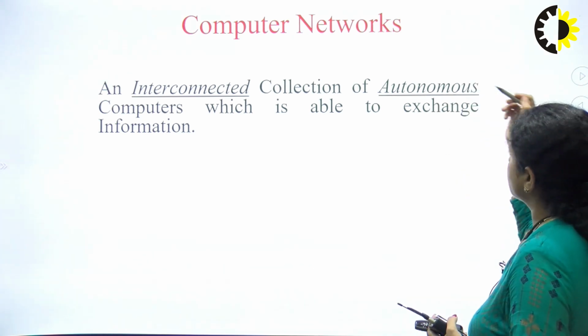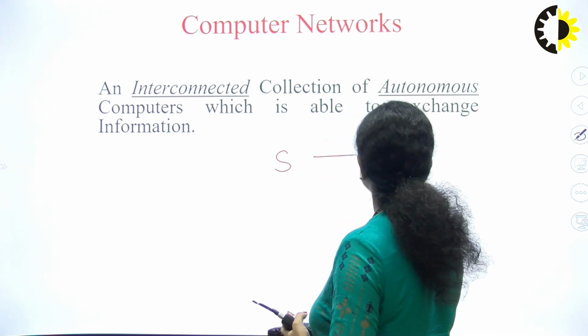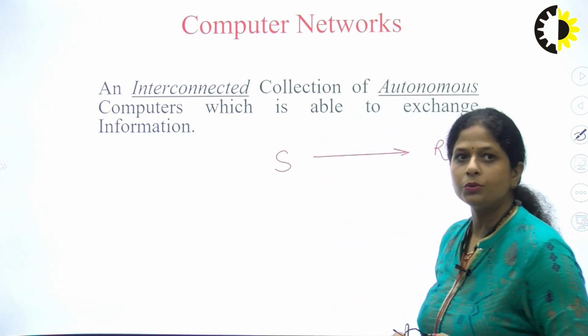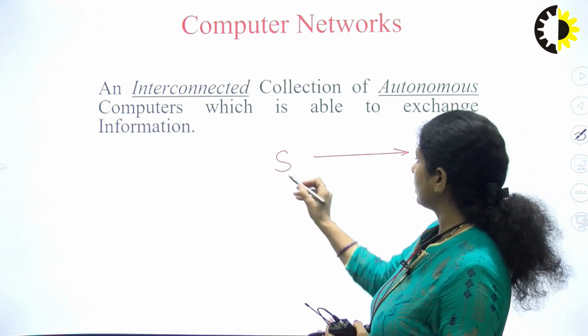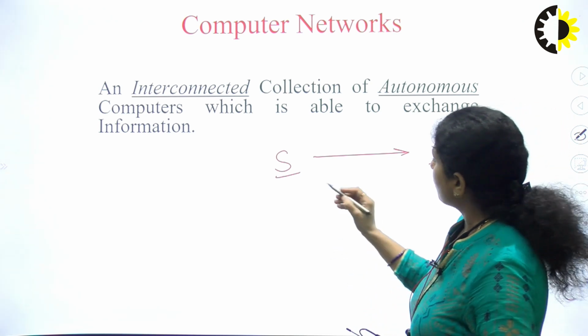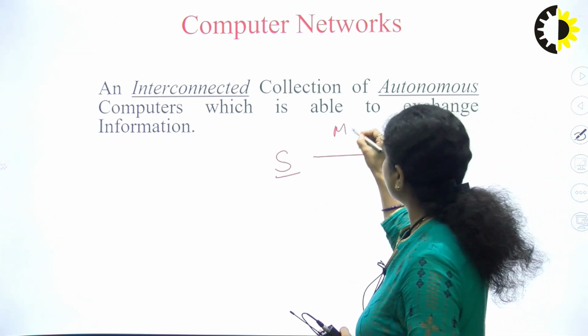Basically, suppose there is a sender S sending some data to the receiver R. One is sender, another one is receiver. Now he wants to transmit some data, say a particular message.